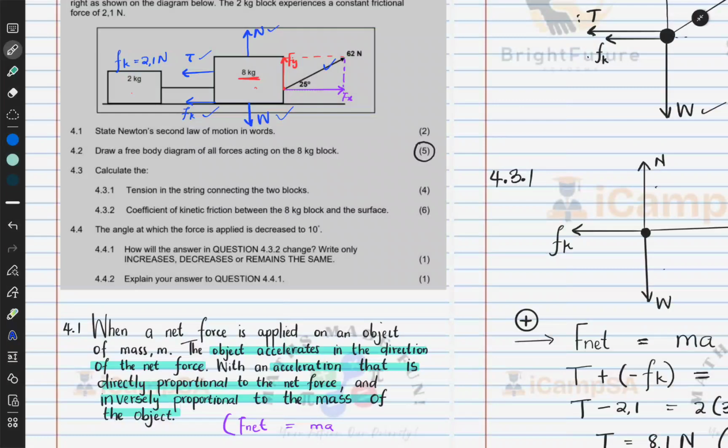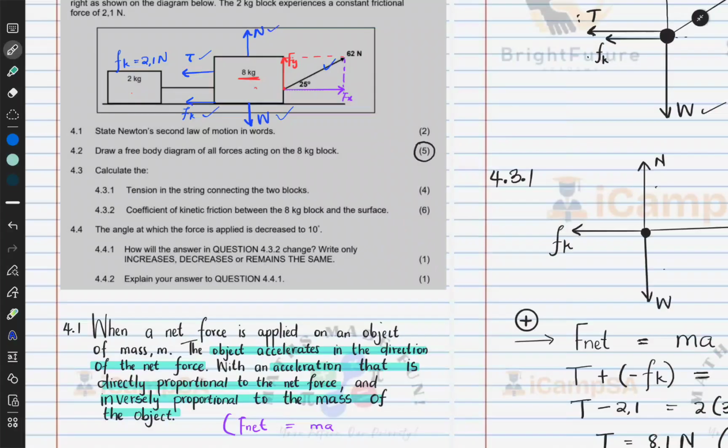In simple terms, what they are asking is, if I decrease the angle at which this 62 Newton force is applied, what will happen to the coefficient of kinetic friction?